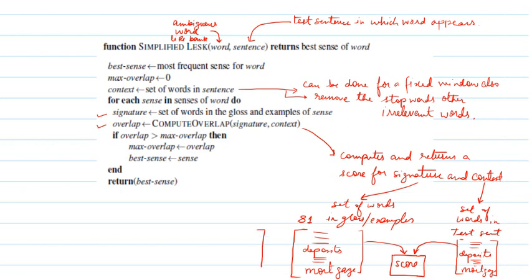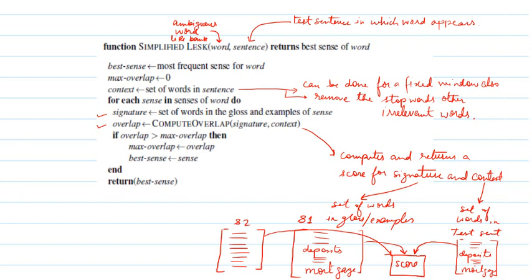Sense 2 is having this signature. In this signature there is no overlap or no common words with the test sentence. So this is also given as an input to the score, and we will be getting two scores, one each for sense 1 and sense 2.